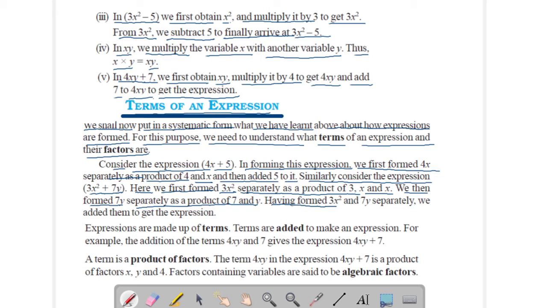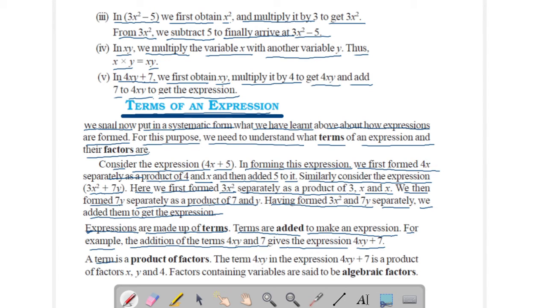Having formed 3x square and 7y separately, we added them to get the expression. Expressions are made up of terms. Terms are added to make an expression. For example, the addition of terms 4xy and 7 gives the expression 4xy plus 7.